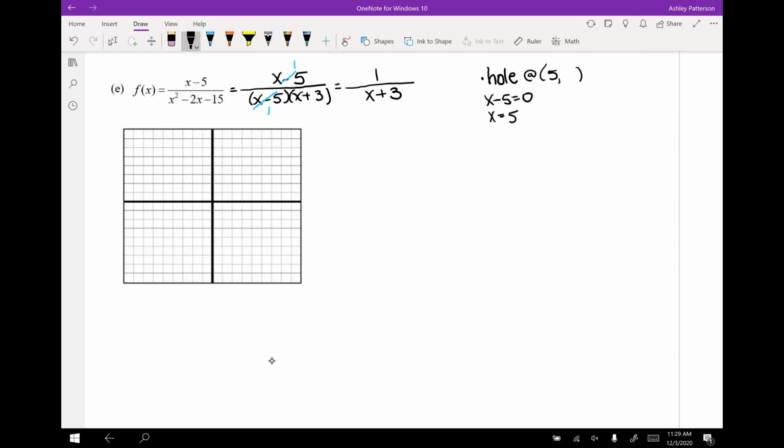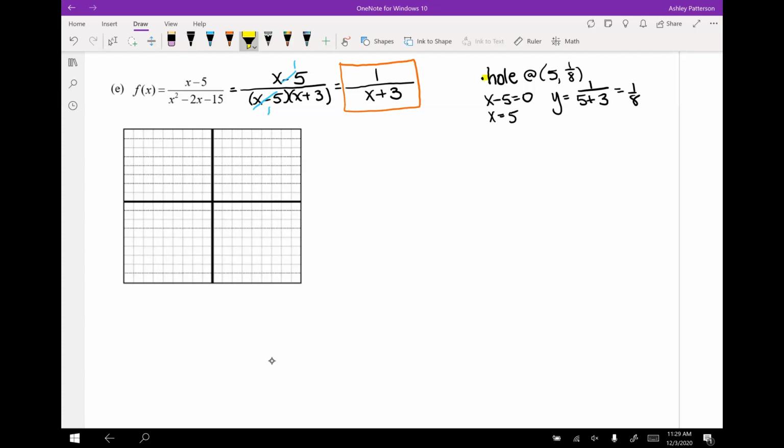I said it in class, whether it was Tuesday, Wednesday, Thursday or Friday, depending on what class you have, that every characteristic has to come from the simplified form if you are able to cancel a common factor. So in order to find that y value, I'm going to take the 5 and plug it into the simplified form. So we get 1/8 for our y coordinate.